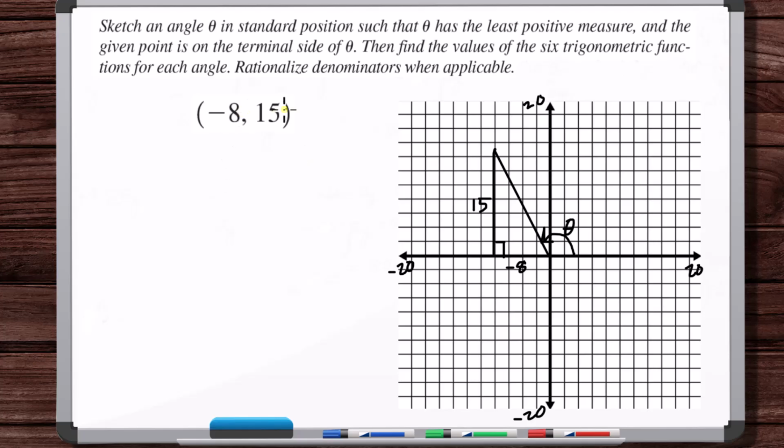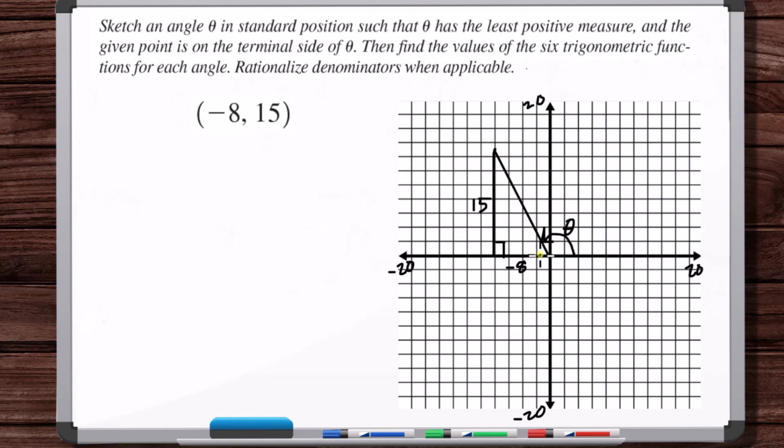We picked the point minus 8, 15, but remember, we've talked about this in the previous lecture videos. We could do this with any point along this line, and we would get the same trig values, right? We're just talking about this angle. We could use any point along this line and do this exact same process, and the trig function values don't change because theta doesn't change.